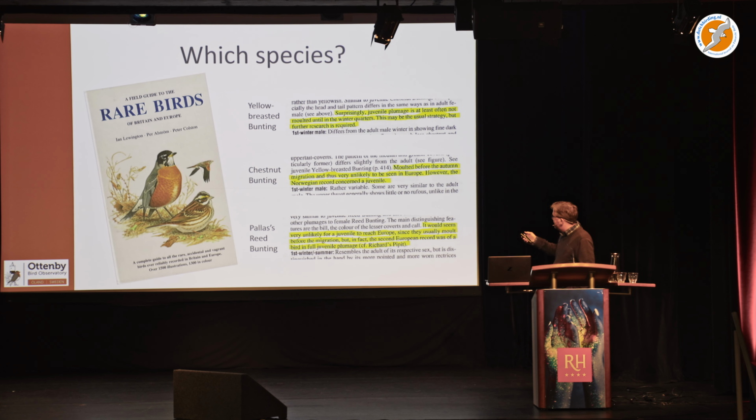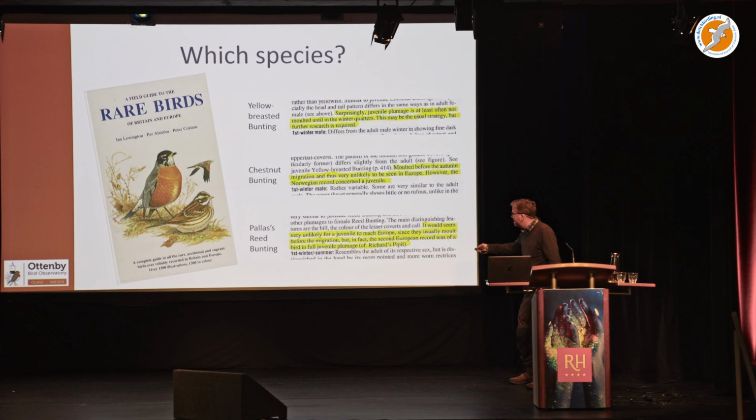And kind of the same is mentioned for Pallas's reed bunting. It would seem very unlikely for a juvenile bird to reach Europe since they usually molt before migration. But in fact, the second European record was of a bird in full juvenile plumage. And so, that's very interesting.